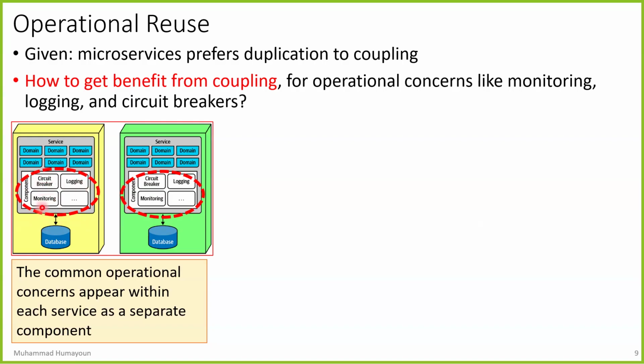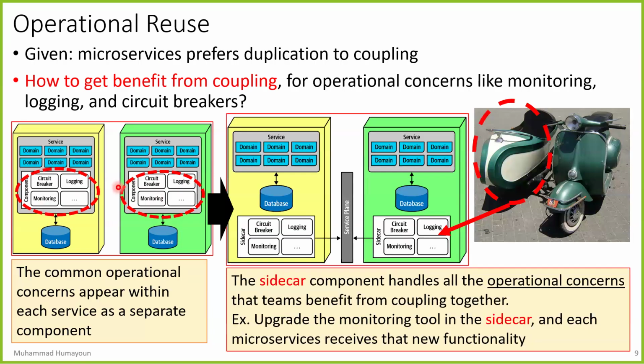And now there is a newer version. So I update that version here. Then I need to do the same thing on this service, and I need to do the same thing on the third service, and so on and so forth. So what we can do here is use something called a sidecar component.